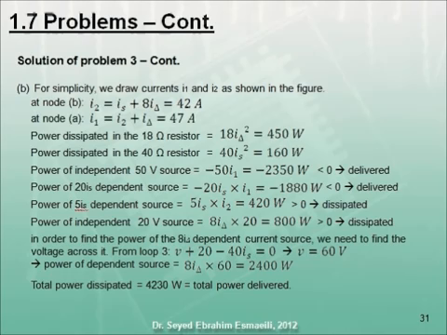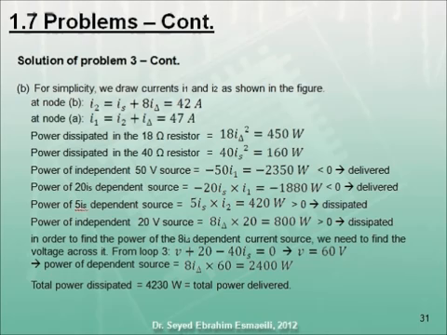We assign I1 and I2 as illustrated in the schematic. Applying KCL at node B and assigning positive sign for currents leaving the node, we get I2 equals IS plus 8I delta, which equals 42 amps. Applying KCL at node A, we obtain I1 equals I2 plus I delta, which equals 47 amps.